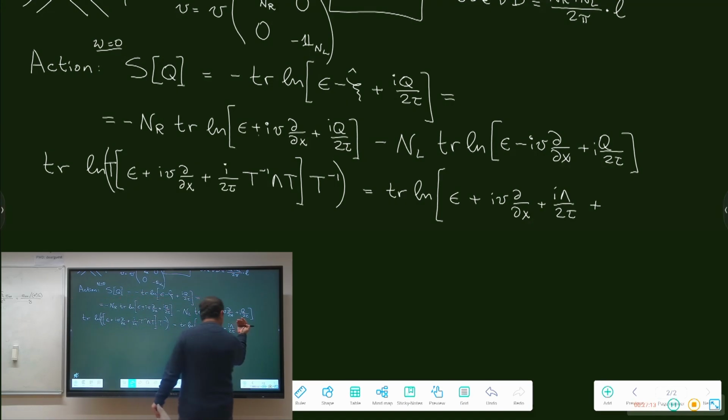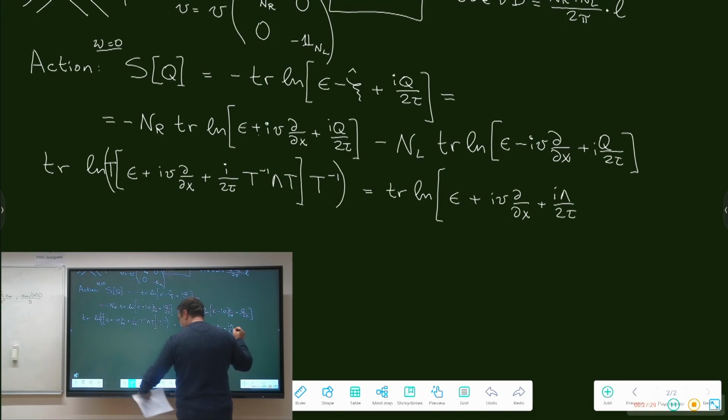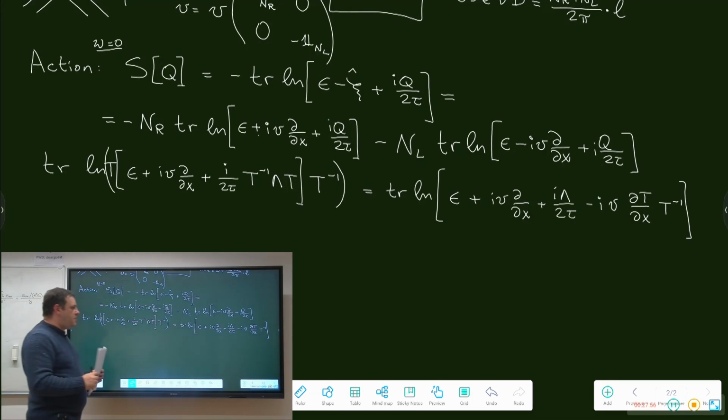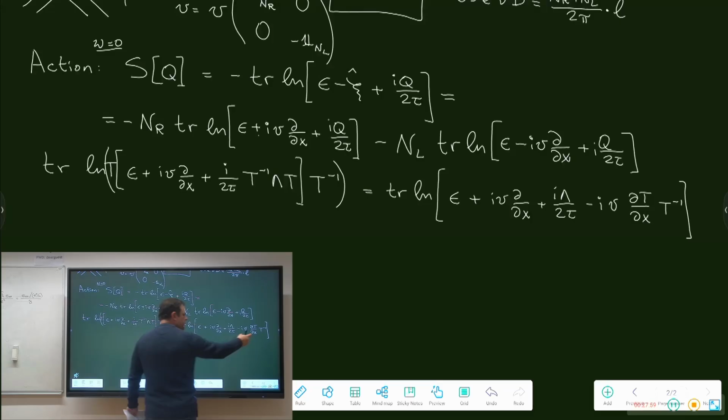Minus i v, dT by dx times T inverse. We already did this calculation, so I do not explain literally every step. So this is a small correction to here due to the gradients of T.